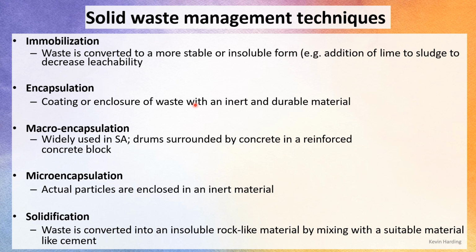We put things in a drum surrounded by concrete, in a reinforced concrete block. This is typical for hazardous waste, particularly nuclear-type waste. You want to put it in a drum surrounded by concrete so that it can't leach out and nobody can get to it accidentally many years down the line.